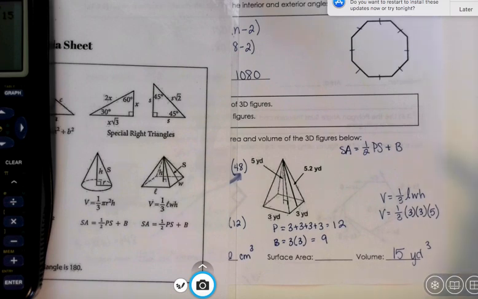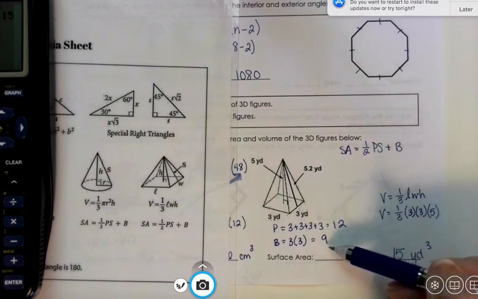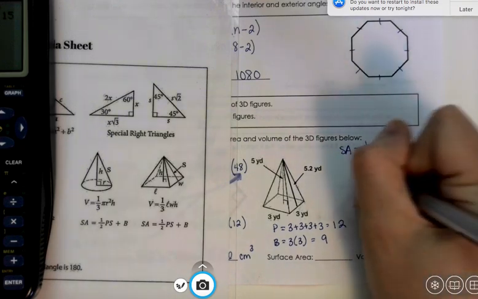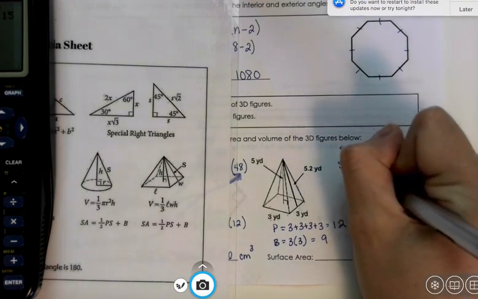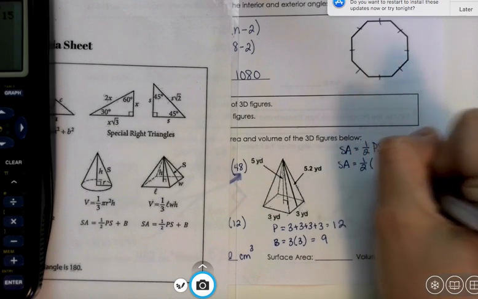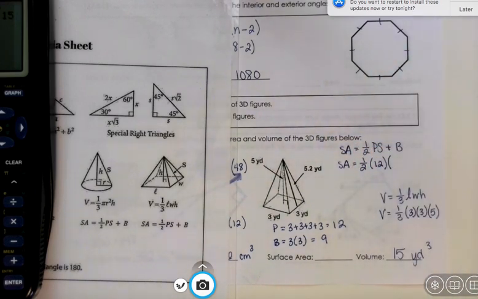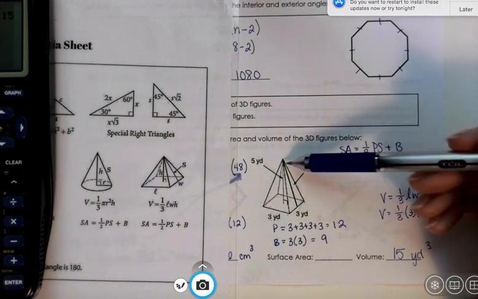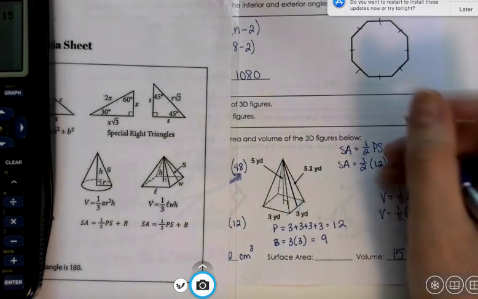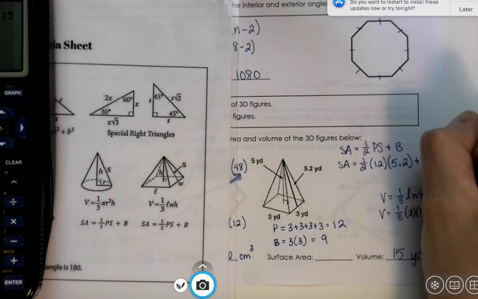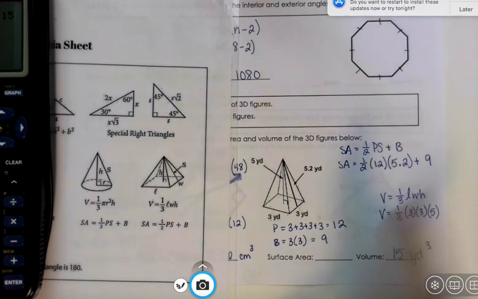Now that I have the perimeter of my base and the area of my base, I can plug those numbers into the correct spots in my surface area formula. So I have 1/2 times 12 times my slant height, that's my capital S, which is 5.2, plus capital B, which we found was 9.